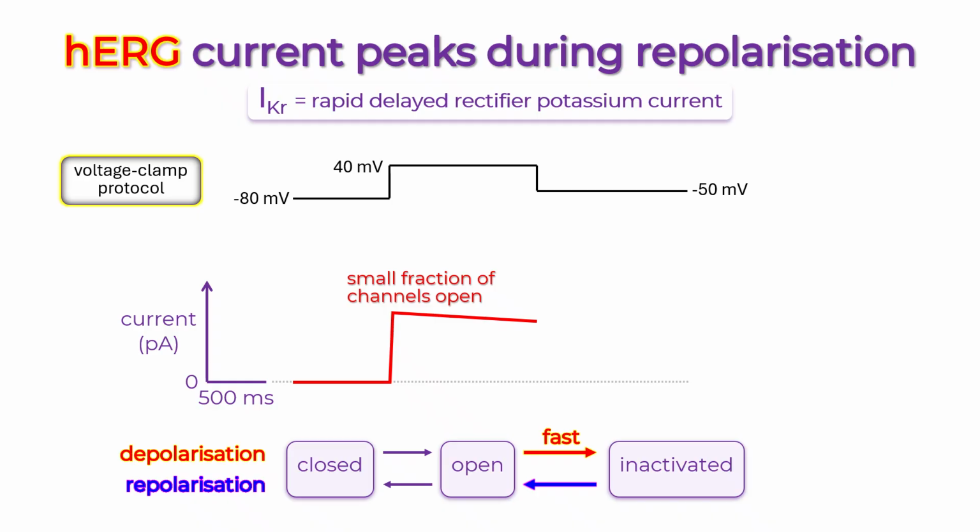As channels recover from inactivation faster than they close, a large outward potassium current is created precisely as the membrane needs to repolarise. For drug developers, the practical point is that hERG liability depends not just on whether a compound binds, but also on the voltage and channel state under which that interaction is measured.